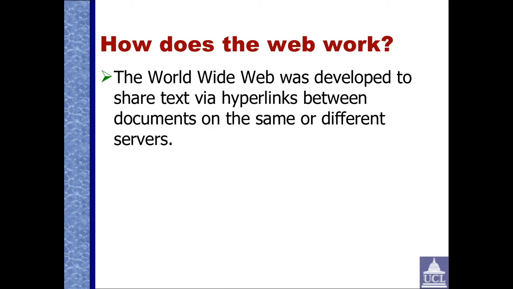Now, although we kind of think of the World Wide Web as being the start of doing this, actually there were a number of systems around before which did the same sort of thing, but they only really allowed the sharing of documents on a single server, or indeed on your actual local computer that you were using. So the difference with the web was that these hyperlinks could link between different computers and different servers.